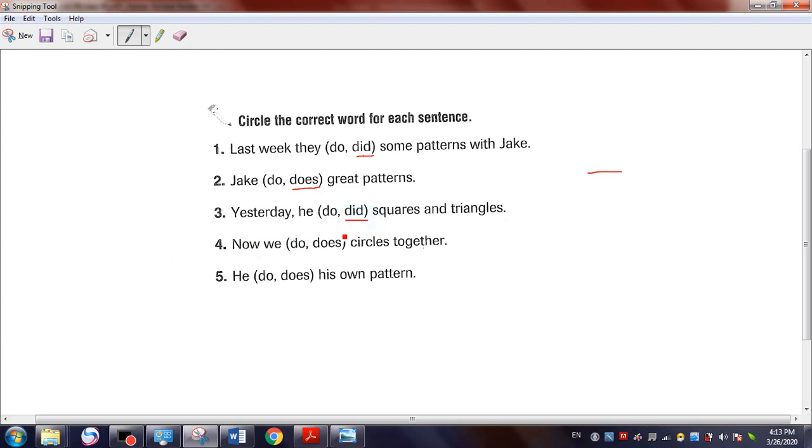Well done. Number 4, now we do or now we does. Now we do. Very good. Number 5, he do or he does. He does his own patterns. So now we do circles together. He does his own patterns. Well done.